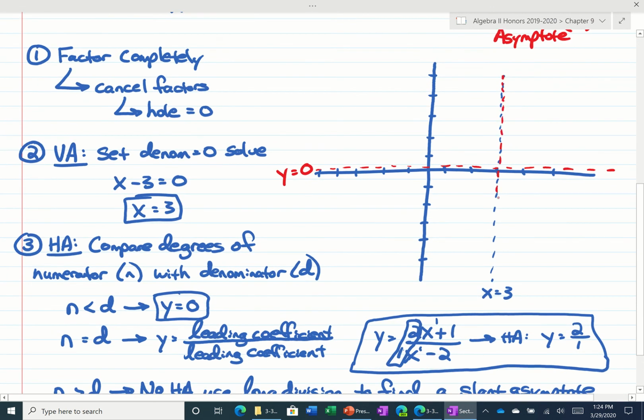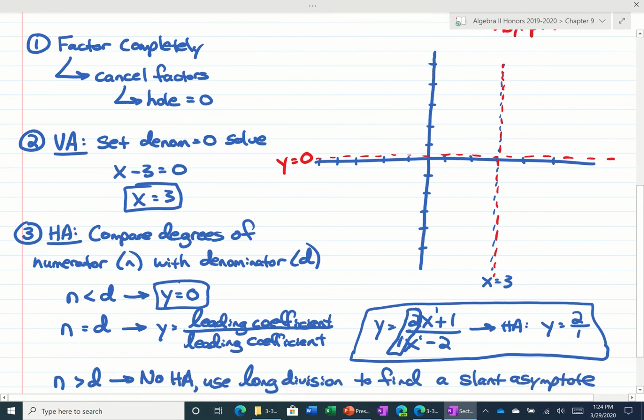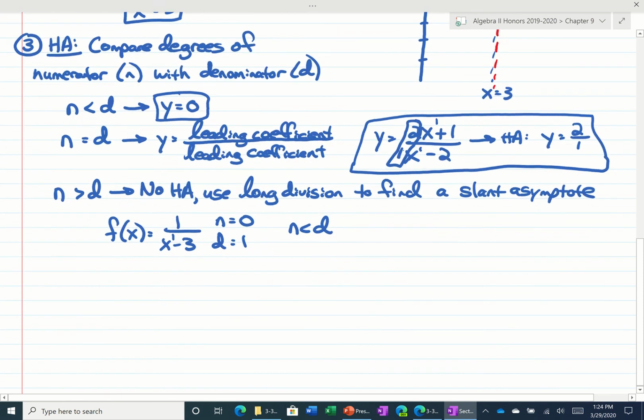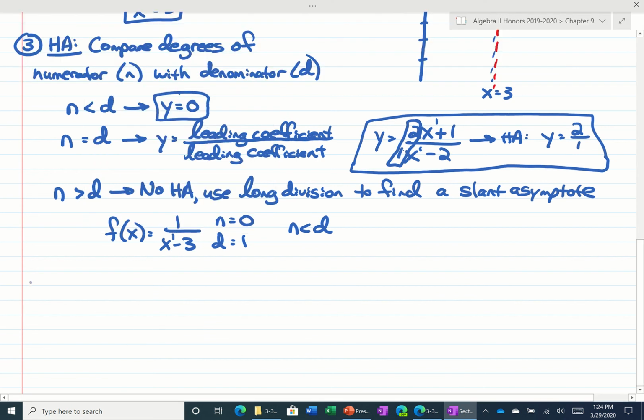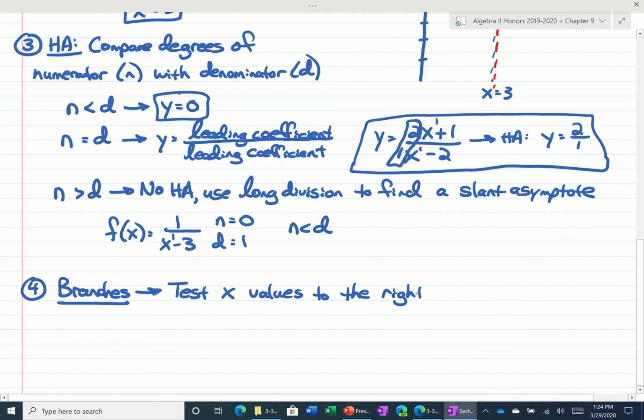Let's make this one red also. All right, so we have the scaffolding. Now let's figure out where our branches go. So the way that we figure out where the branches go is we test x values to the right and left of each vertical asymptote.